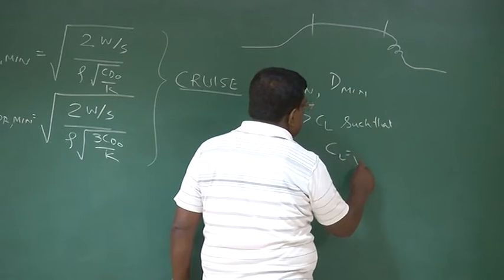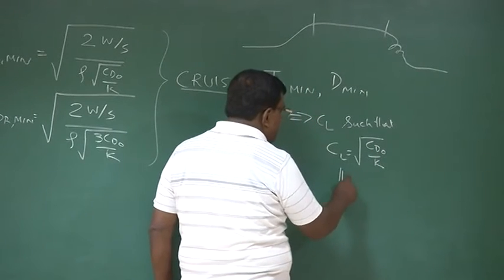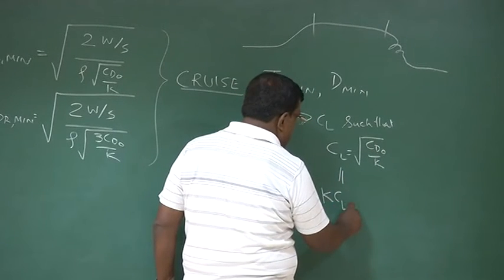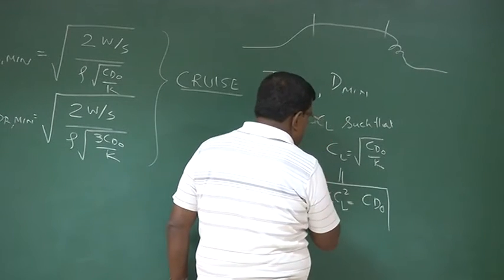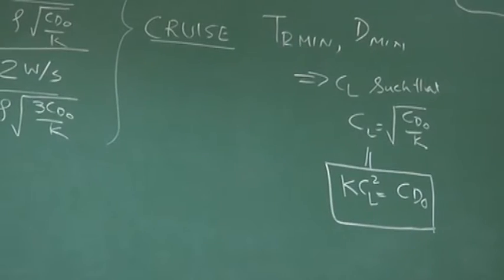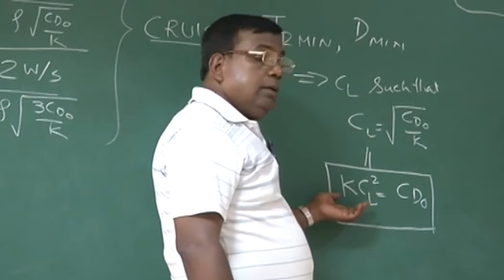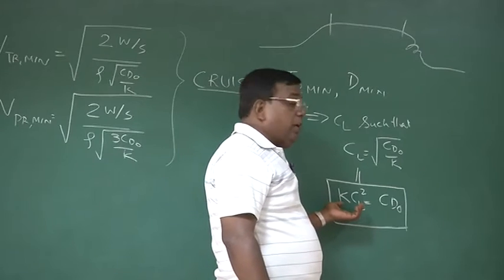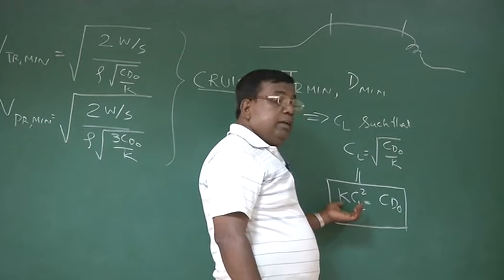CL equal to CD naught by K, which actually means K CL square is equal to CD naught. This is K CL square, the induced drag component. Why is this induced drag there? That's because of lift, so we call it lift induced drag.